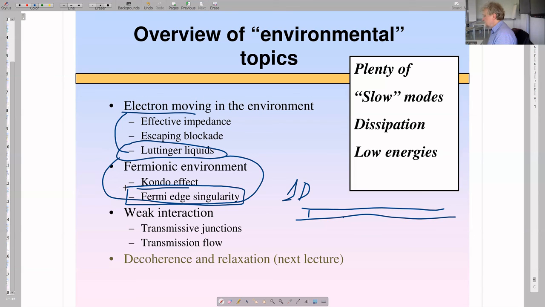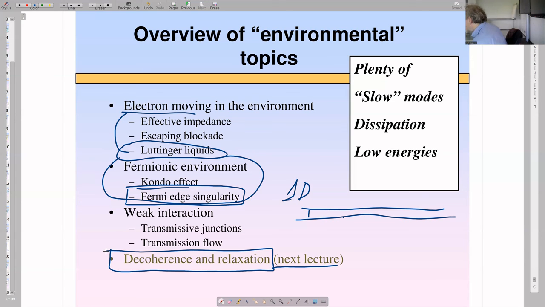There is also another manifestation of interaction with environmental modes, either electronic or photonic excitations of electrical circuits. And that we will discuss in the next lecture when we talk about decoherence and relaxation. Decoherence and relaxation is important for quantum mechanics to survive.